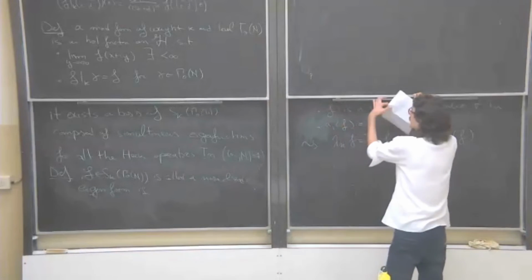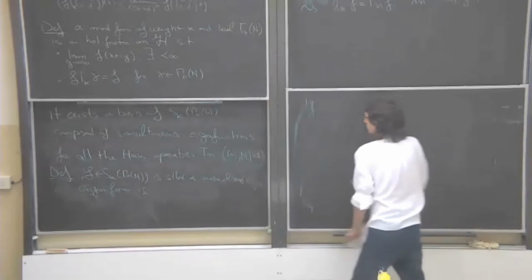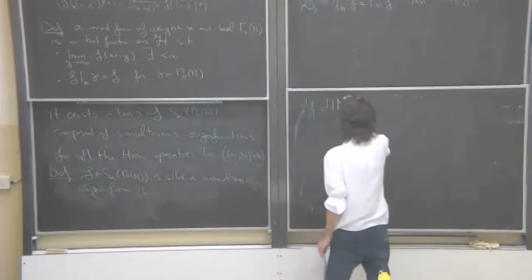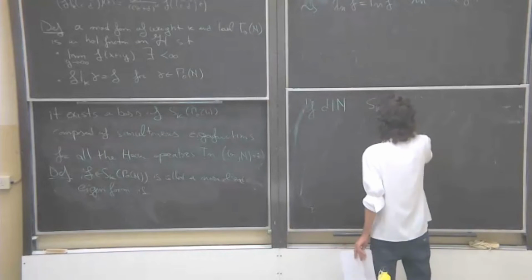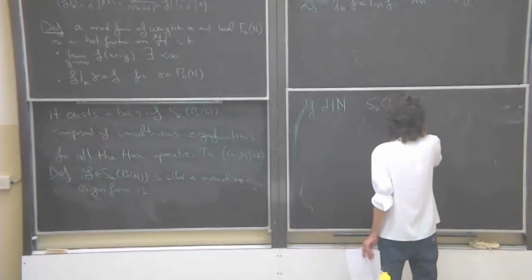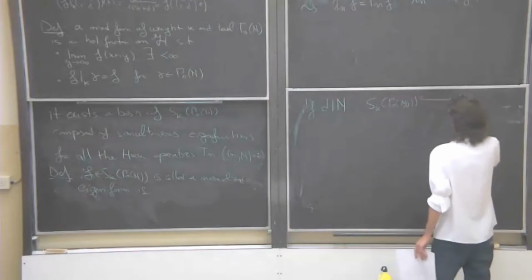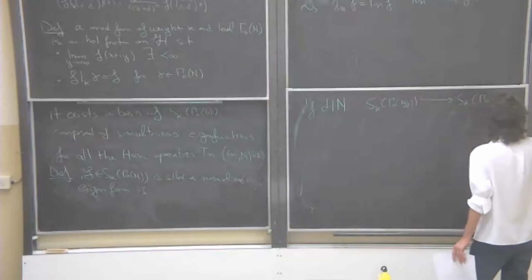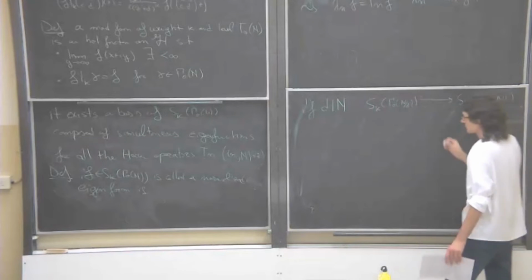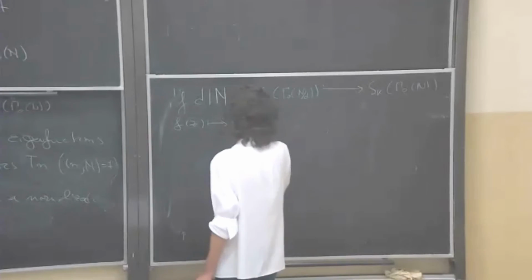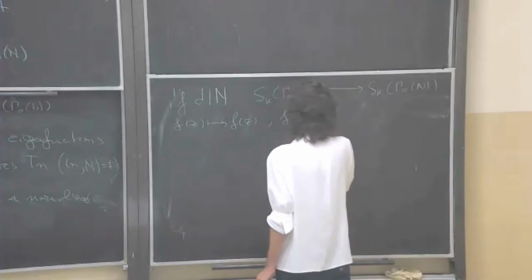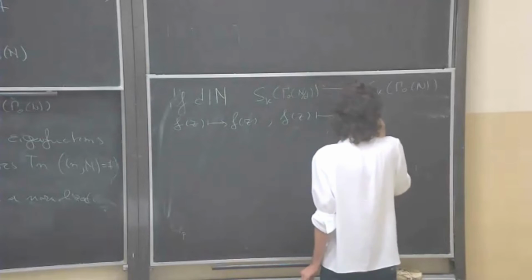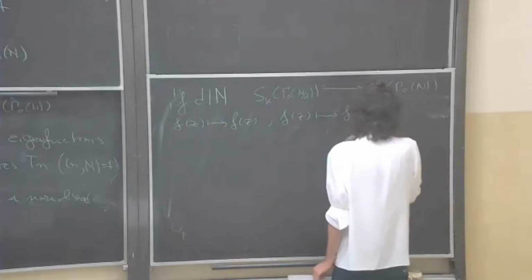So what I'm trying to say, if now d divides N, we have two maps, from S_k(Γ_0(N/d)) to S_k(Γ_0(N)), which are very simple. The first one is f(z) maps to f(z), and the second one is f(z) maps to f(dz).